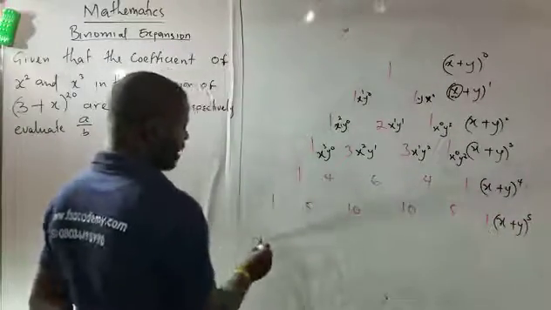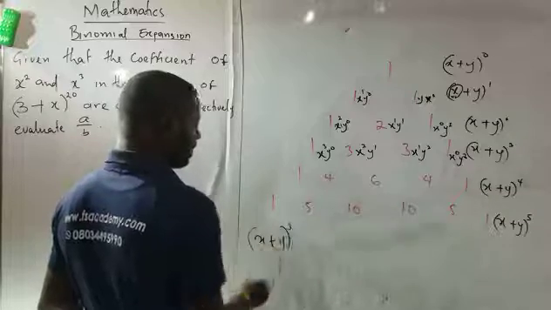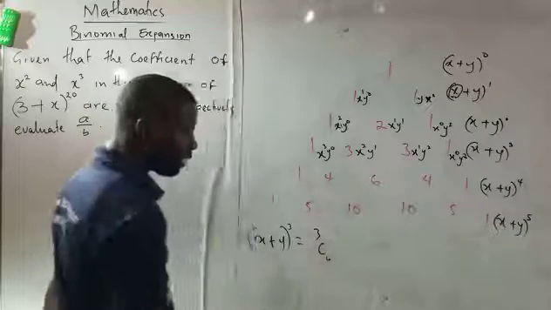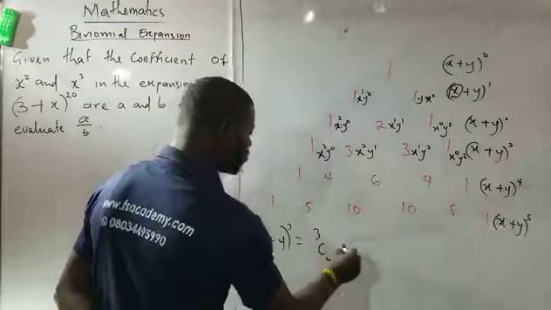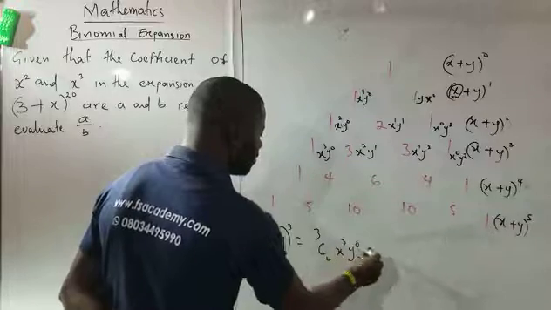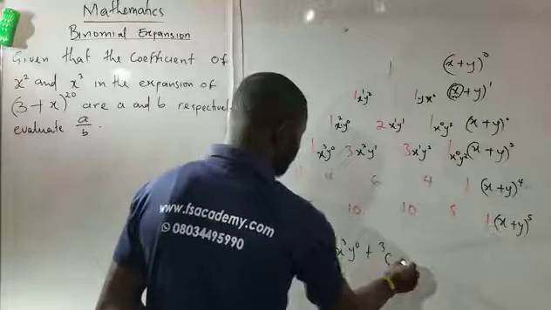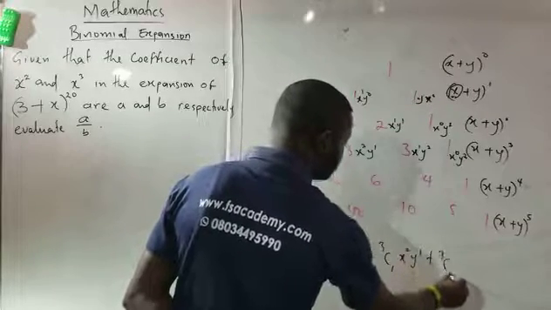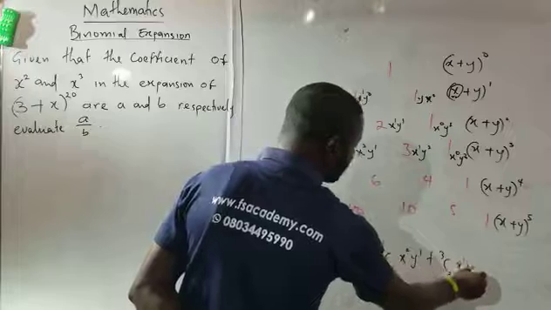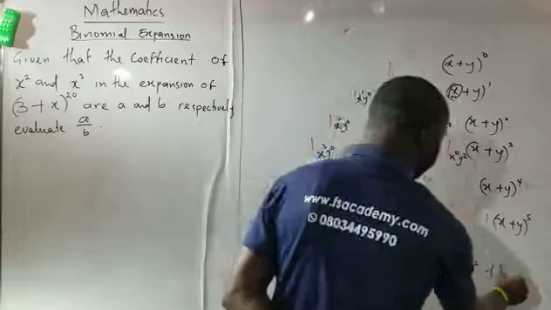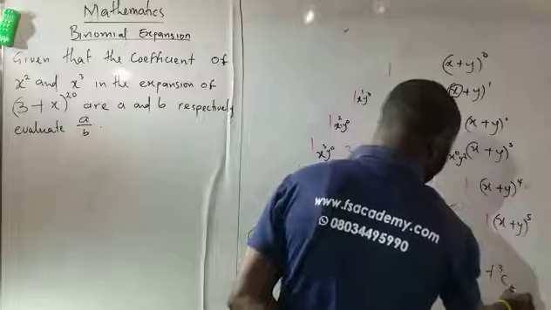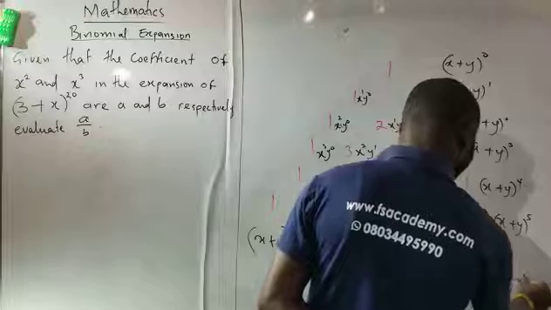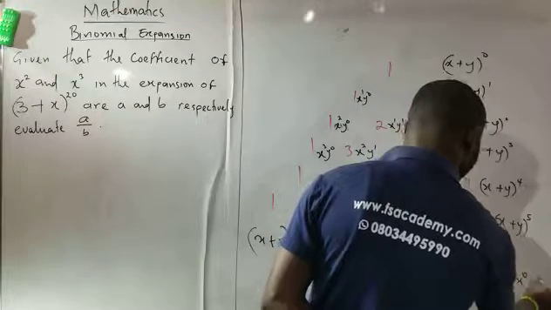If I have x plus y to the power 3, what I need to do is have 3 combined 0, x raised to power 3, y raised to power 0, plus 3 combined 1, x raised to power 2, y raised to power 1, plus 3 combined 2, x raised to power 1, y raised to power 2, plus 3 combined 3, x raised to power 0, y raised to power 3.